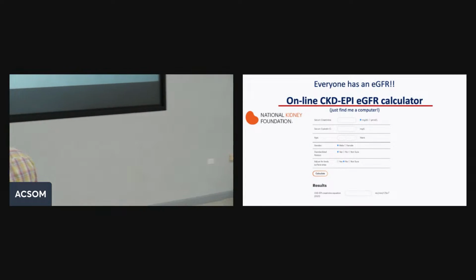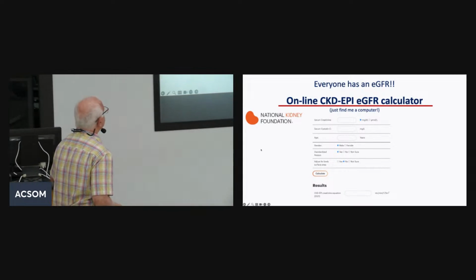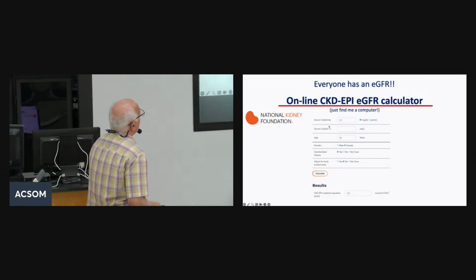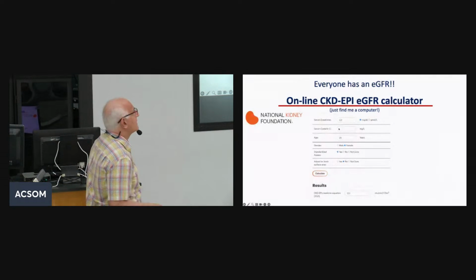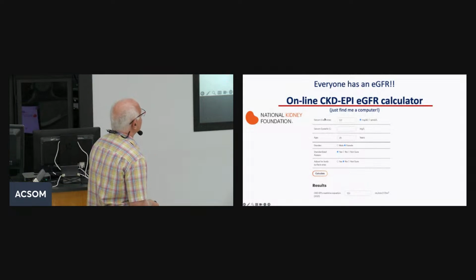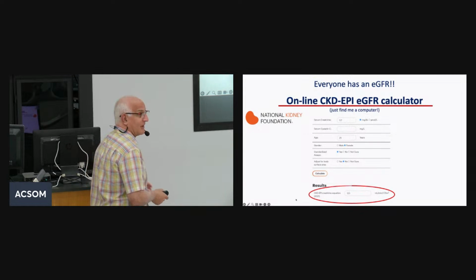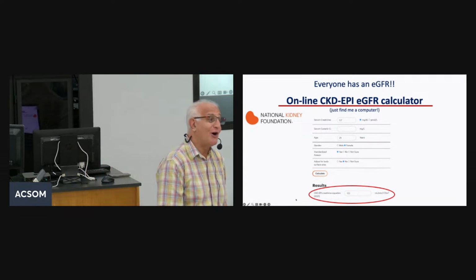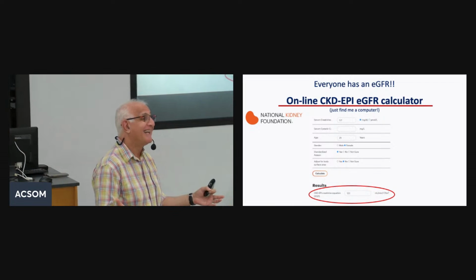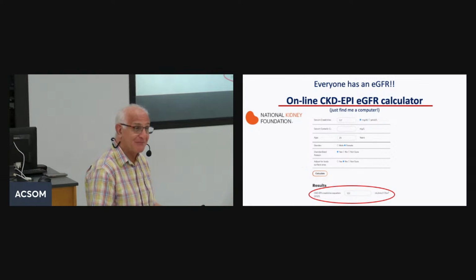Just to give it a fun try, you guys have around 0.7 as your serum creatinine if you don't have kidney disease. I put the age at 25. I put a female because many people are female in this classroom. Think about it. What did it come out? CKD-EPI of 123. You see? You learn something about yourself.